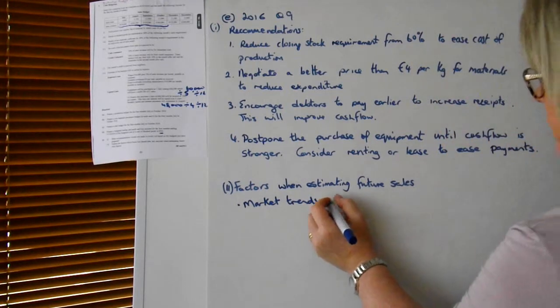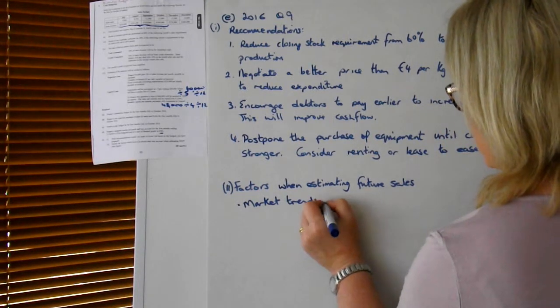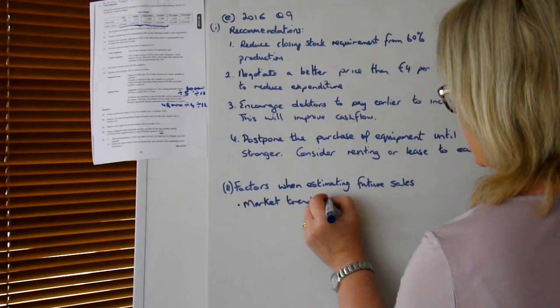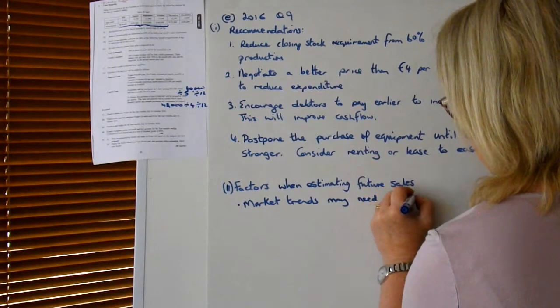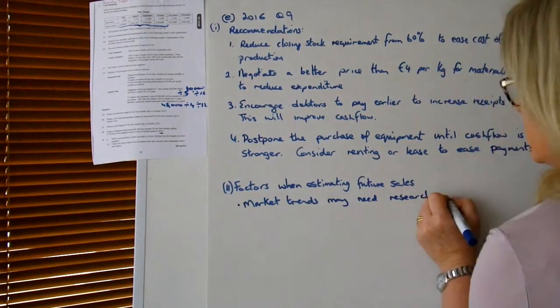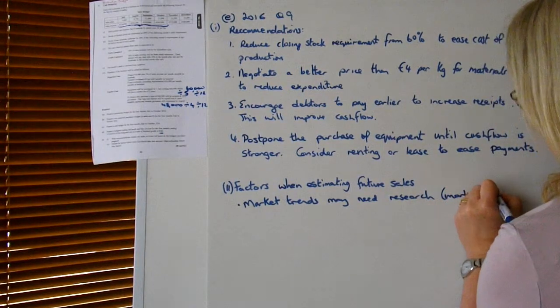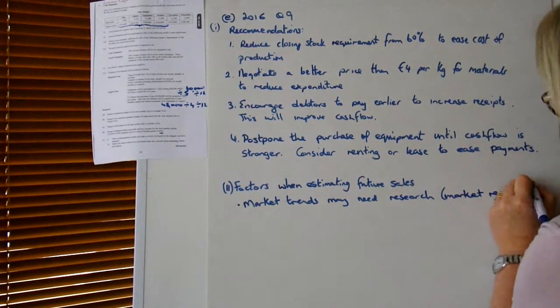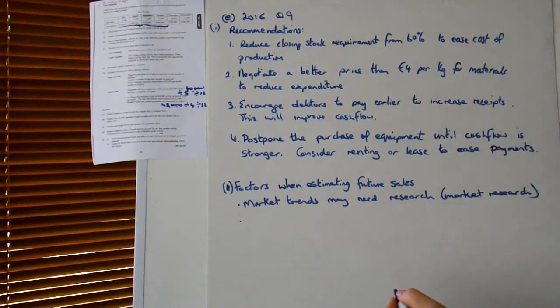What is consumer thinking in terms of the product line, and that might require some market research. So market research, in other words, will give you some indication of how consumers are thinking about the products.